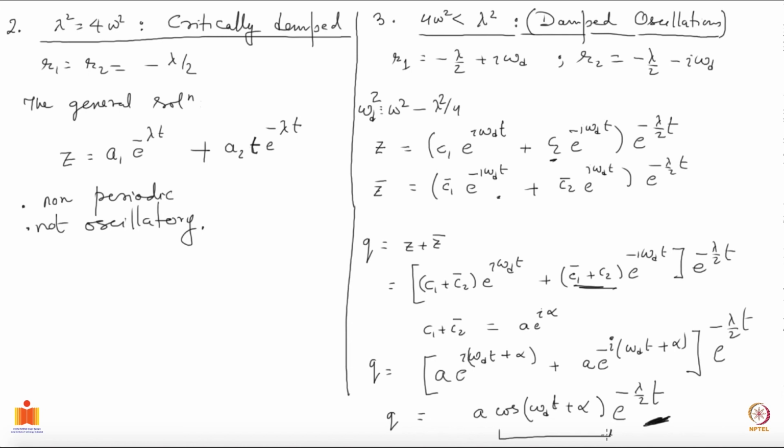Also note that the oscillator is not oscillating with the frequency omega, the natural frequency of the free oscillator, but with the new frequency, omega d, where omega d is this quantity here, and clearly it is smaller than omega. There is a minus lambda square by 4.